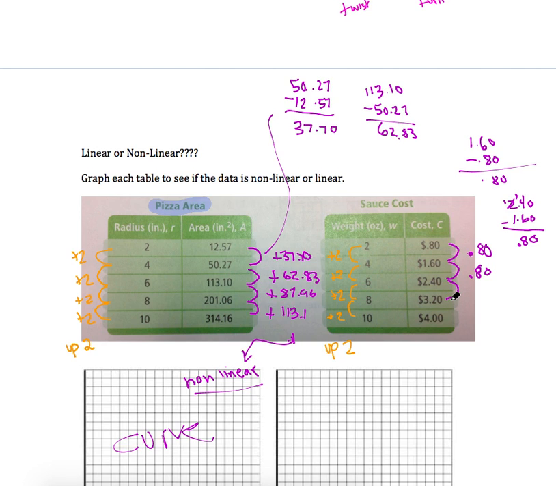So when we take $3.20 and subtract $2.40, so $3.20 minus $2.40, we again get 80 cents. So it changed the same again. And the last time, we got to check every one just to make sure one doesn't change differently.